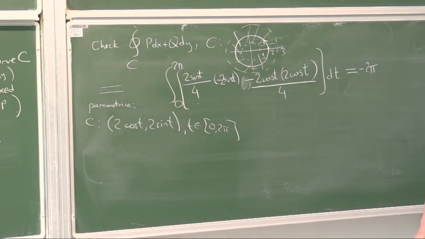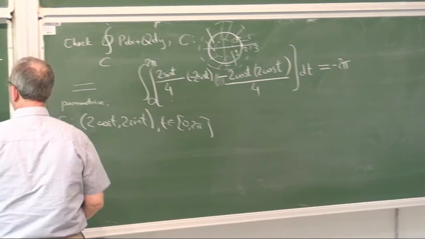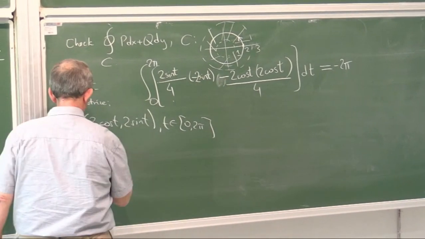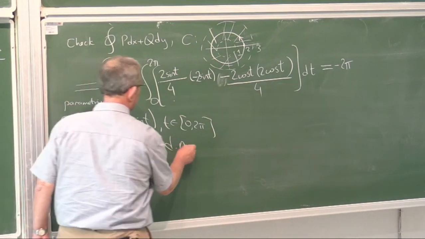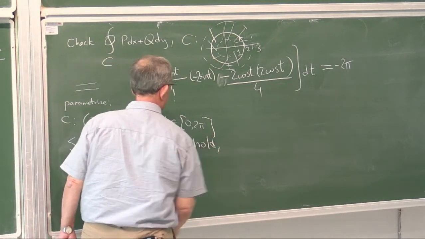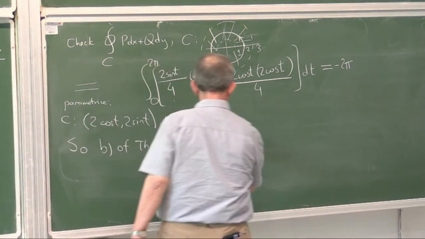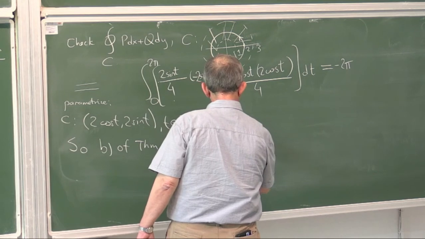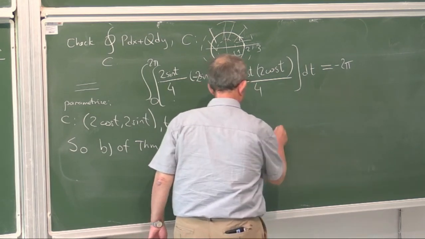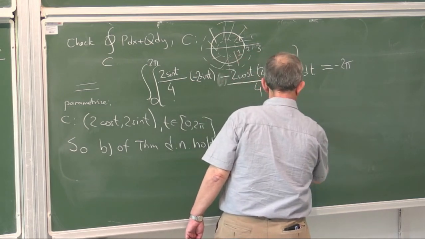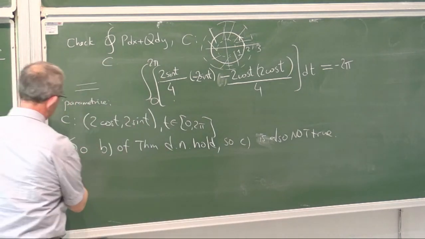Very simply. But then, in the theorem, B does not hold. But A, B, C were equivalent. So, okay, C is not true. C is also not true. Okay. Well, conclusion.